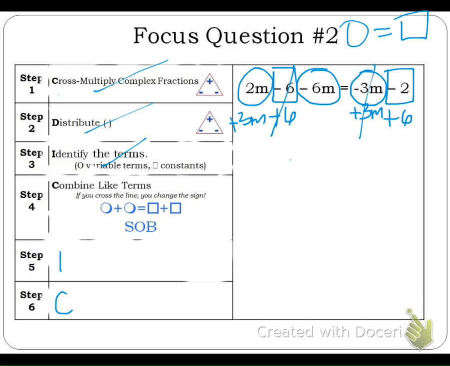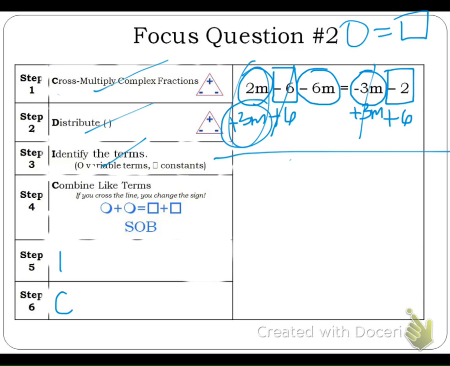So now I'm ready to draw my big fat line and combine. On the left-hand side, you have the 2m, the negative 6m, and the positive 3m. We need to combine all three of those variable terms together. Now, the reason why I put the positive 3m underneath the 2m, because I just think it's easier to, if it's already the same sign, so you can add those two together first, and then subtract the 6.